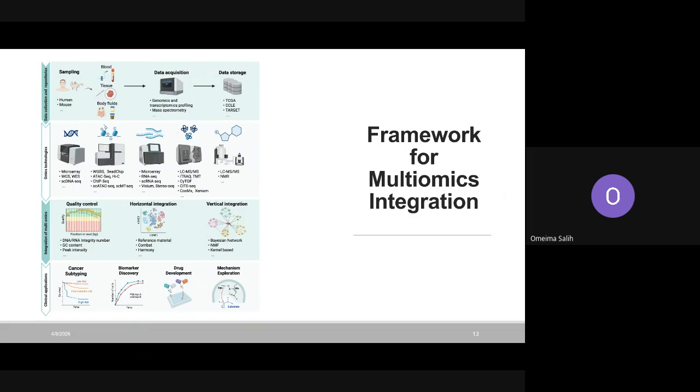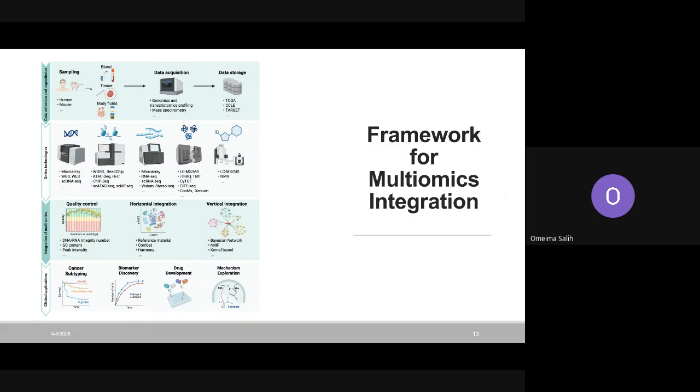You have different sets of data from different technologies, and then you integrate them. The most important thing is that you need to validate the data, which definitely means the use of controls, validation methods, and statistical analysis to test your data's reliability, validity, and so on.